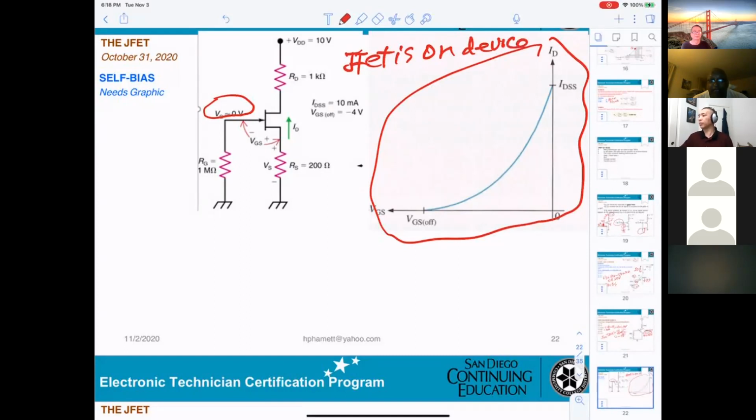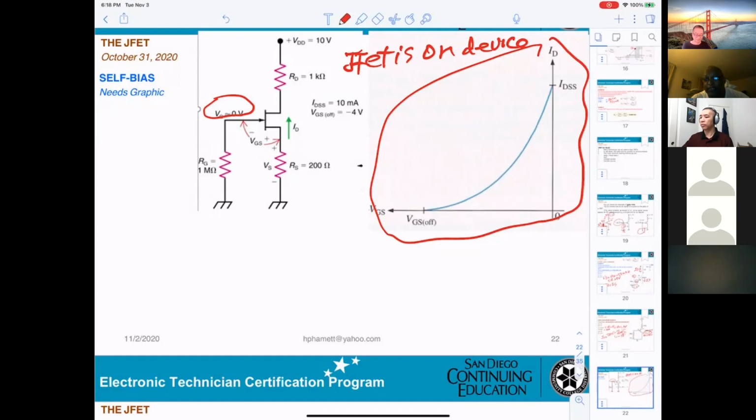Are you saying the JFET is always on? Right, an on device. I will explain why it is an on device. And for the bipolar, is it always off?